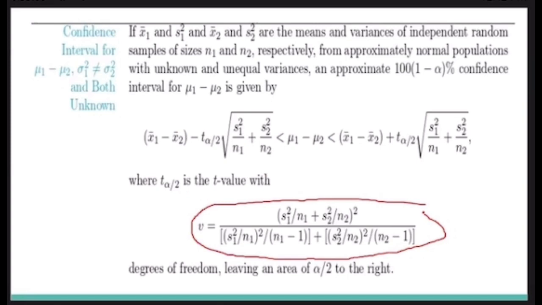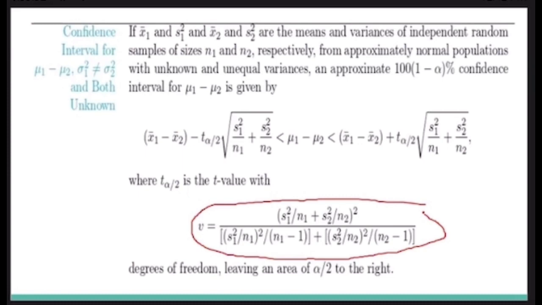You just need the sample variances and the sample sizes. You need 4 things in this formula: the sample size from the first group, the sample size from the second group, the sample variance from the first group, and the sample variance from the second group.